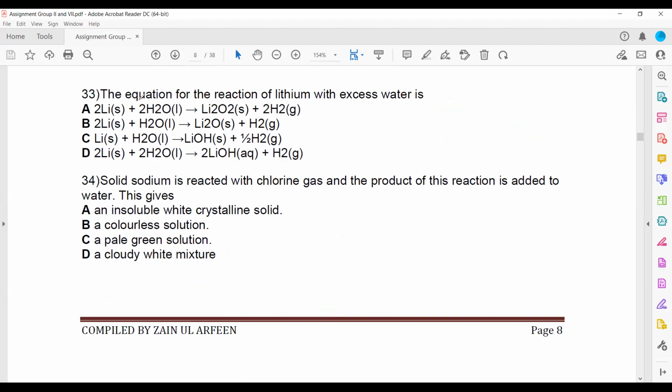They form hydroxides when mixed with water, and bubbles of hydrogen are given off. This one is giving us lithium oxide, that's why it is wrong. This is lithium hydroxide, but this one is solid lithium hydroxide. The hydroxides of group 1 are soluble, so it does not give a solid, it will give aqueous. That's why LiOH will be there, so D will be the right answer.